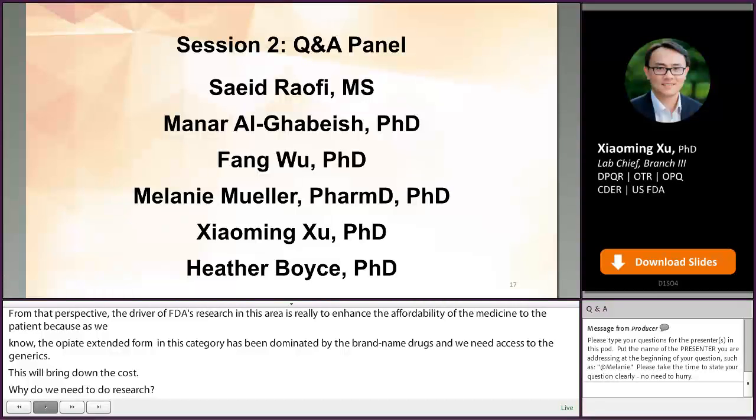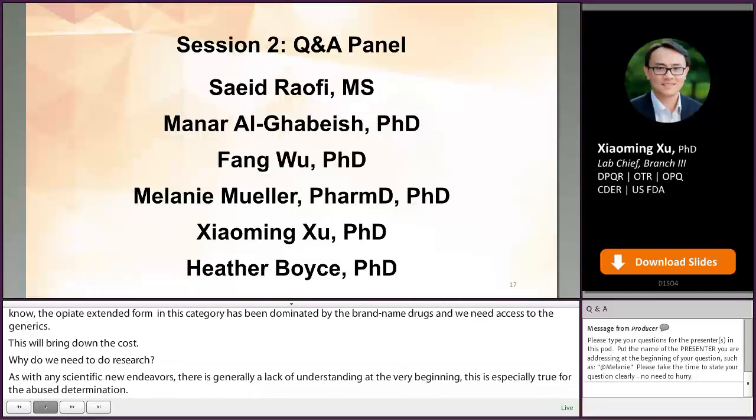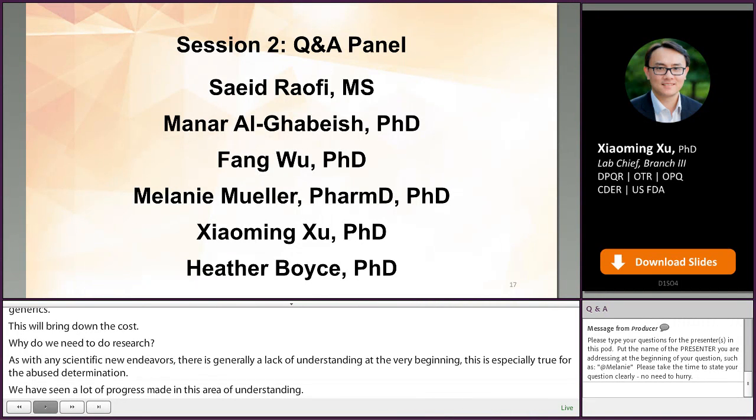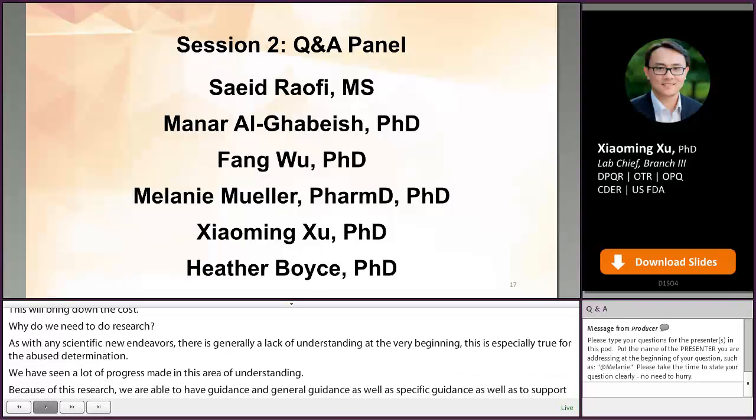Because of that research, we were able to develop recommendations in the guidances, like the general guidance as well as the product-specific guidance, as well as to support the assessment in the application reviews that include the first approved generic in this category. That's why we do research. Thank you.